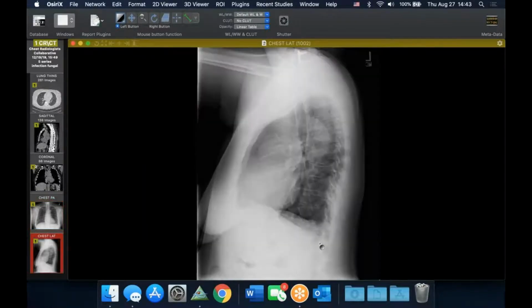If we go to the lateral, the nodule is hiding back in here. So with a solitary nodule in a transplant recipient, you think of PTLD, but I think she was kind of far out, so that would have been a little unusual. Infections, of course, are common. When I see big nodules, I think of nocardia.